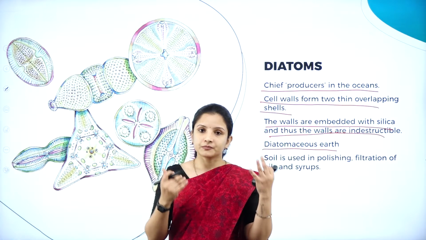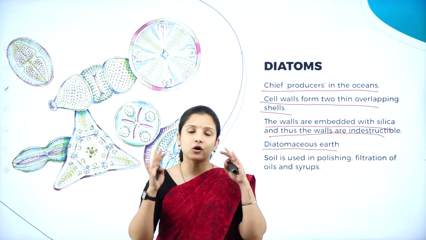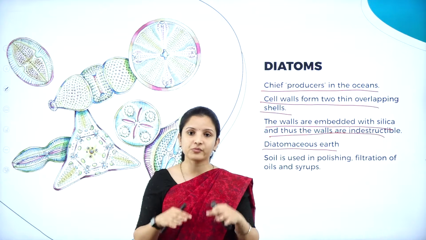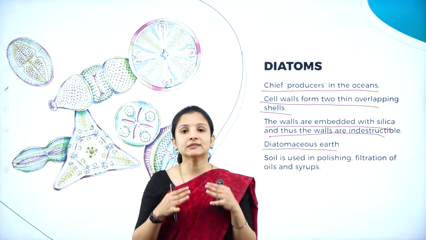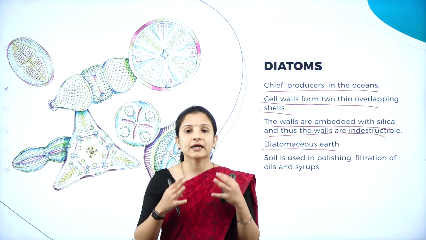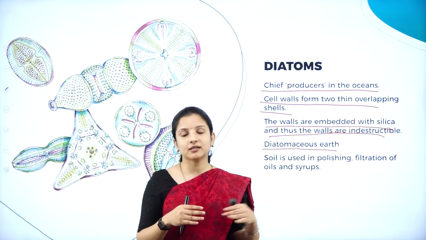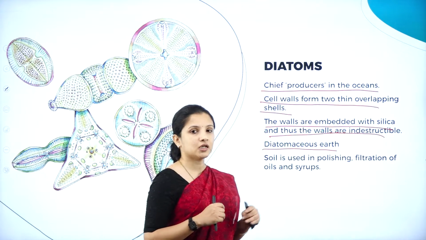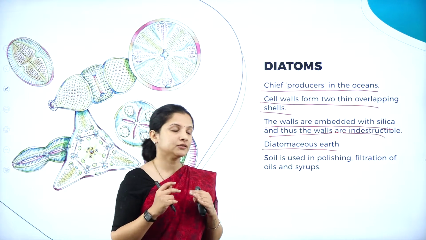Since it cannot be destroyed, it got collected over millions of years, and even till today it is accumulating in the ocean beds, and that is why the present earth is called diatomaceous earth, wherein the soil is filled with silica. Why are the ocean beds or river beds filled with silica? It is because of the diatom, and that particular term is called diatomaceous earth.